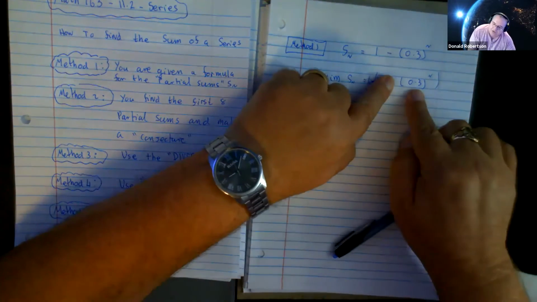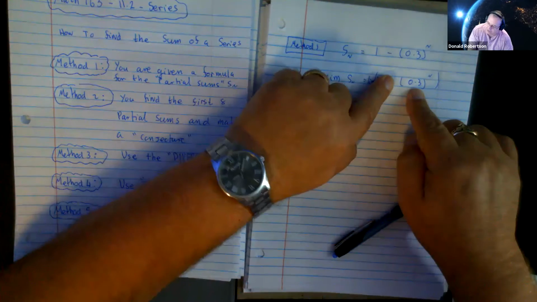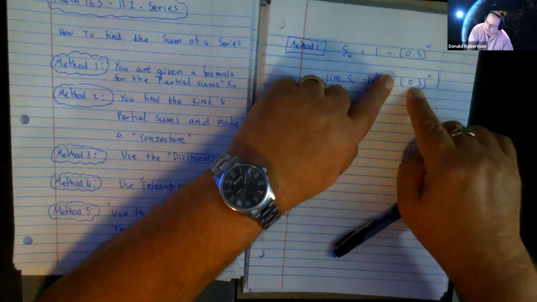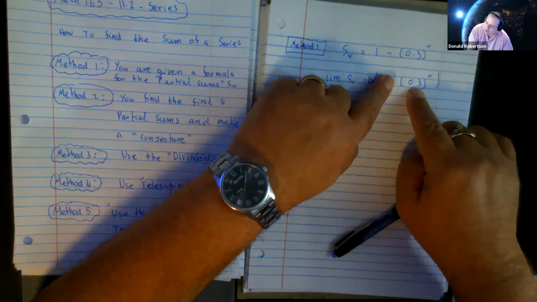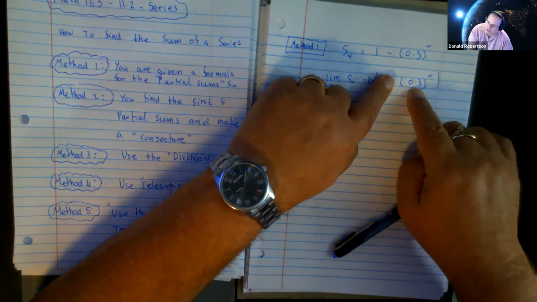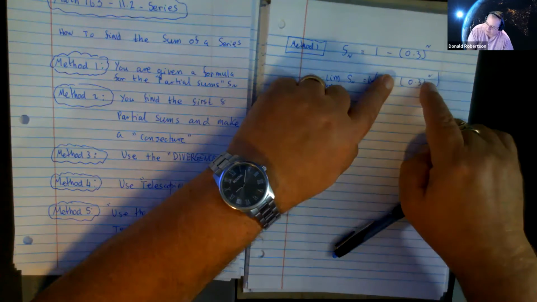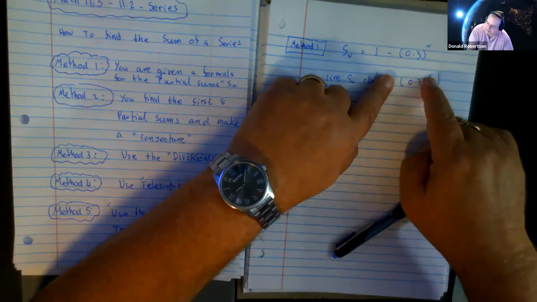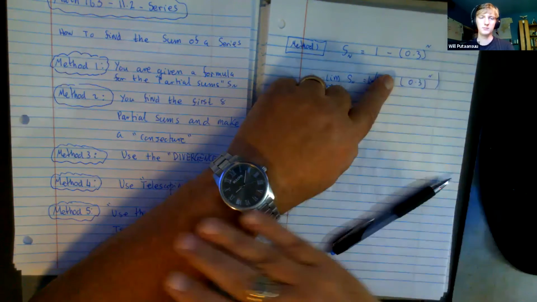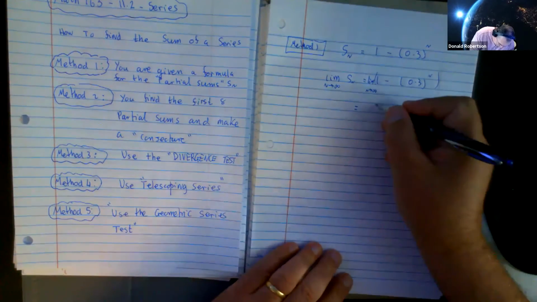Do you recognize this as one of those we just know the answer to? Isn't this a number less than 1? What happens to the limit of a number that's less than 1 if you raise it to the power of n? What does this limit be? It's 0.